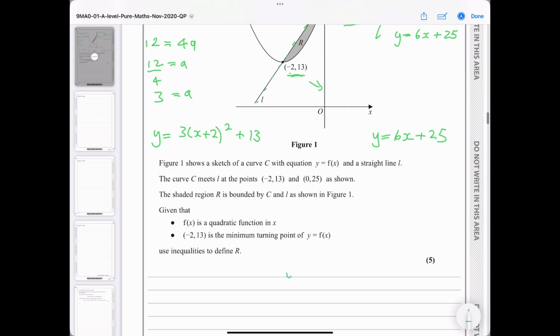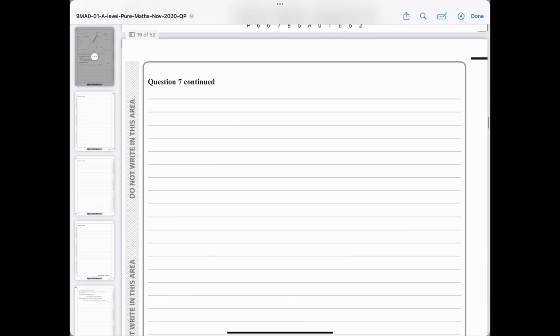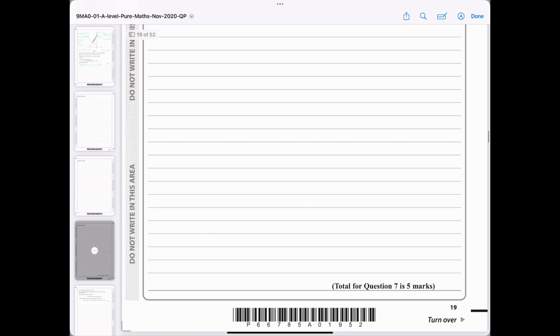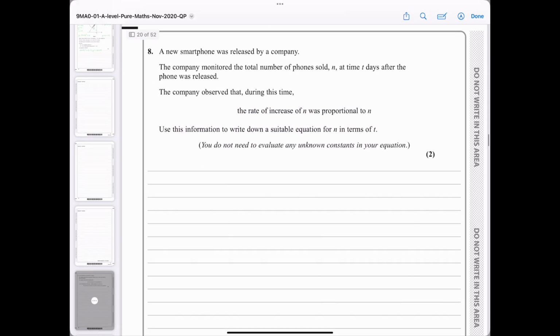So y is less than 6x plus 25, and it's going to be more than 3(x plus 2) squared plus 13. And that's how you do that. But if you do it, write it on the lines. It's slightly concerning that they then did 3 pages after it, but we won't worry about it.